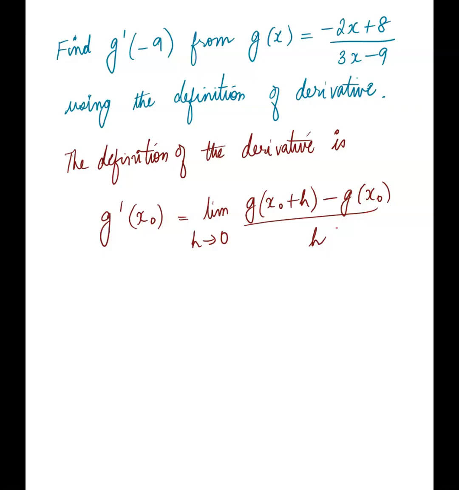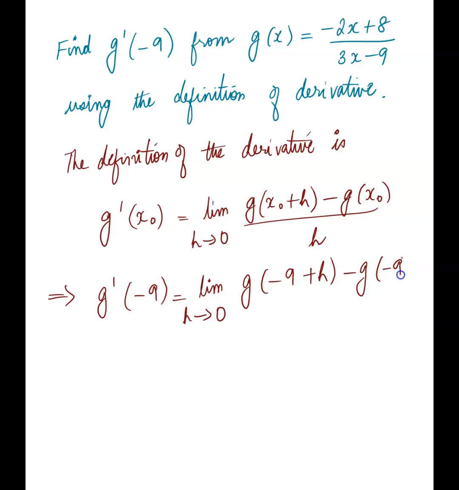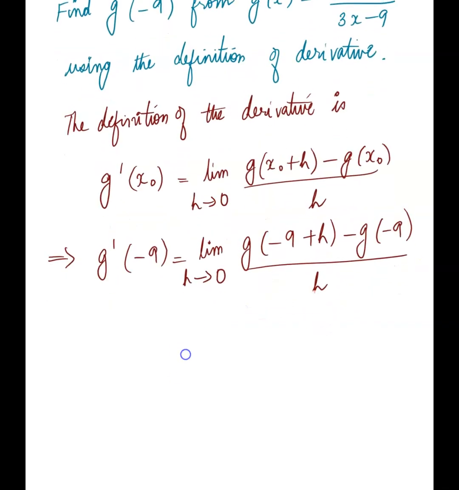Right? So what we had for f, we converted for g to make a quick connection here. And so if we were to find g prime of -9, your x naught is -9. So in your formula or in your definition, you're going to plug in -9 for x naught, all over h. Okay.